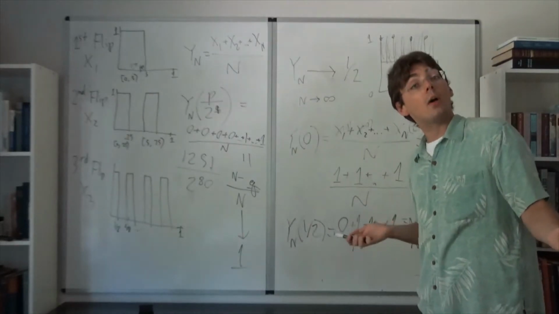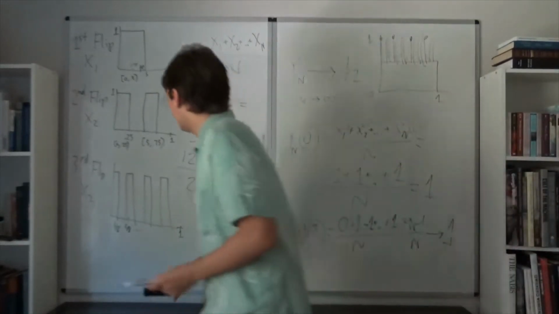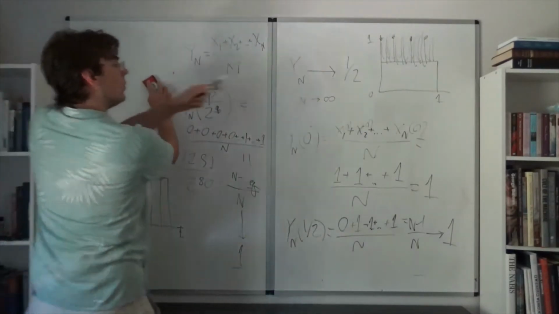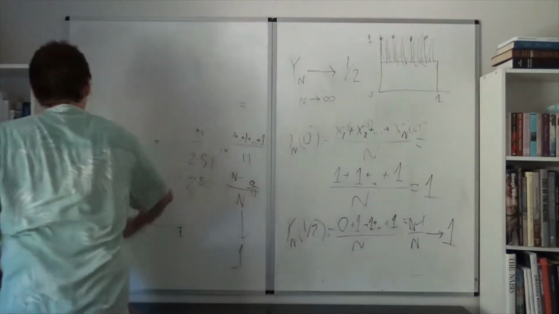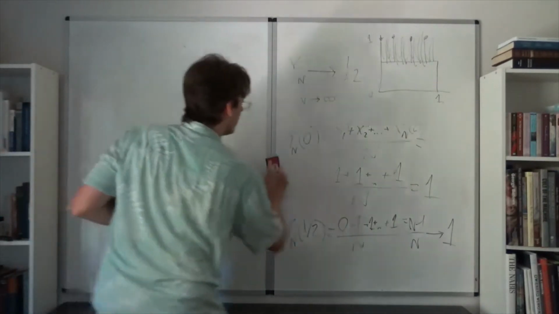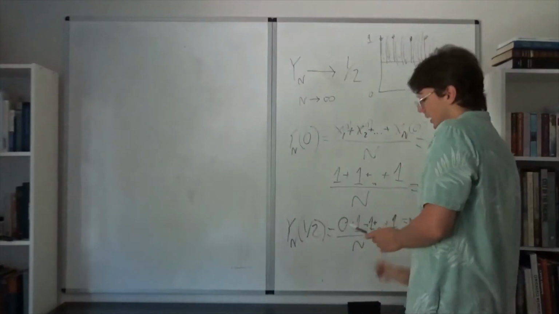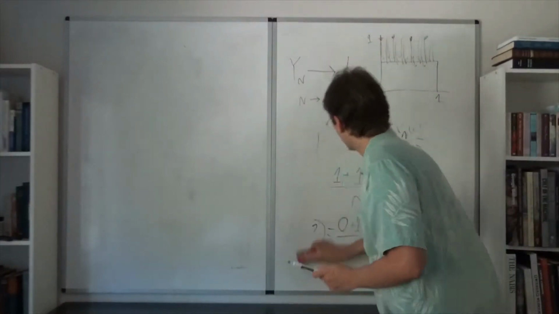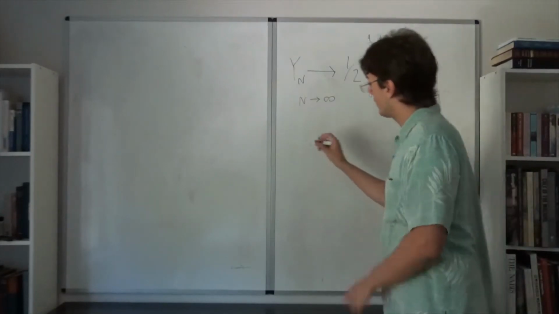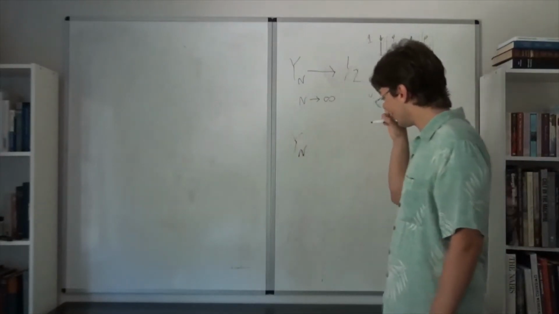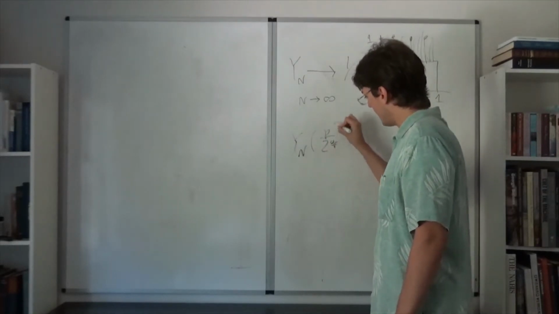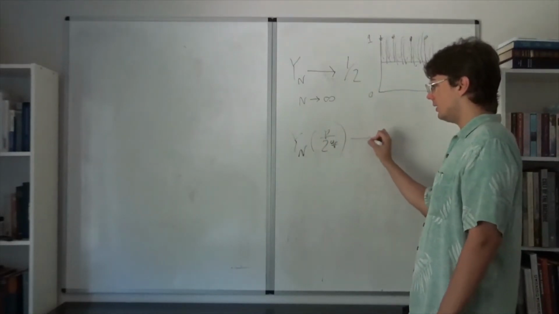So, what is going on? Help! Well, why is it that yn on these special numbers, actually what you want to say is, I'm going to rewrite this a bit: yn on p over 2 to the q, any number like that, converges to 1.